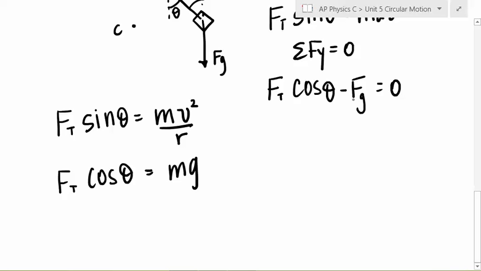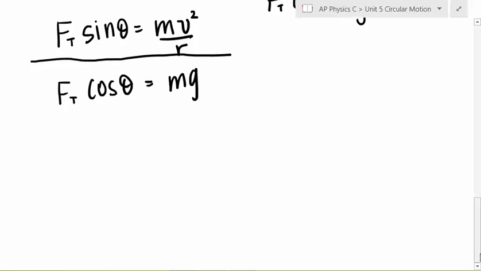Add F_G to both sides, make that substitution. Now, just like in math, you can add and subtract equations from each other to eliminate variables. You can multiply both equations by the same number, things like that. We can also divide equations by each other. And it's just a fast little math trick there.